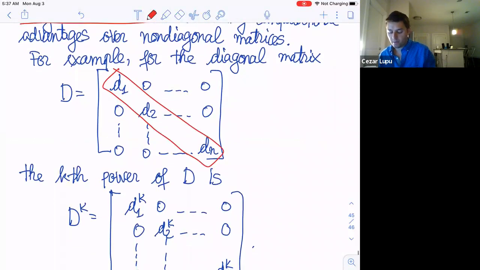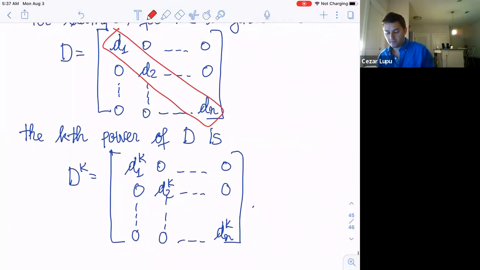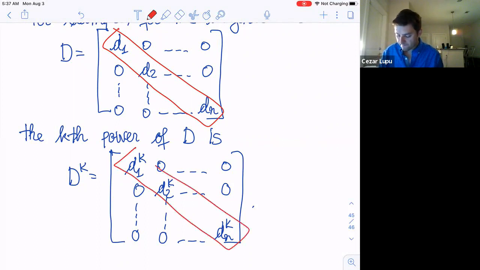And the kth power, you can actually prove this by just multiplying D squared is D times D, and then you multiply by another D, and you keep going step by step, and you will see that D to the power k will be nothing else than just this. You just raise the elements on the main diagonal to the power k.